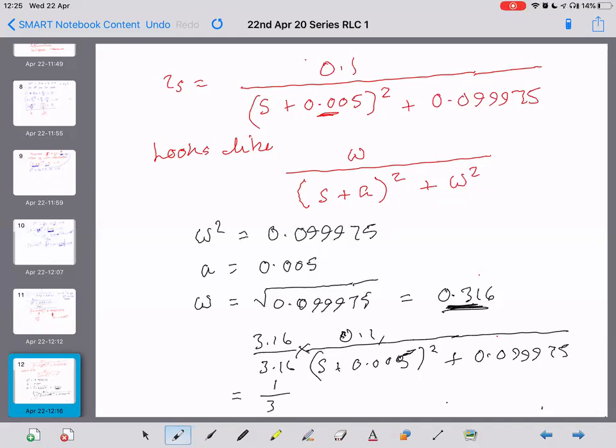So we can end up with 1 over 3.16 times 0.316 over S plus 0.005 squared plus 0.099975. Let me just write that on another page.